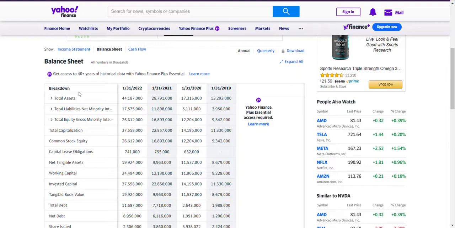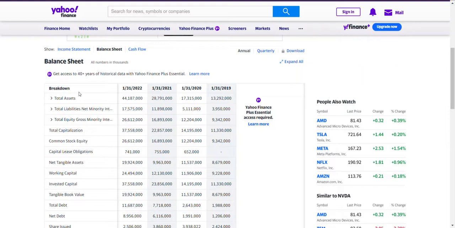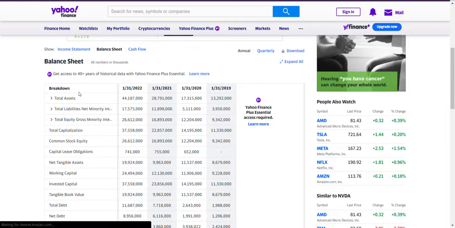Stuff that you can sell right away and get cash. Anything you can liquidate that has money in it, think of that as an asset.